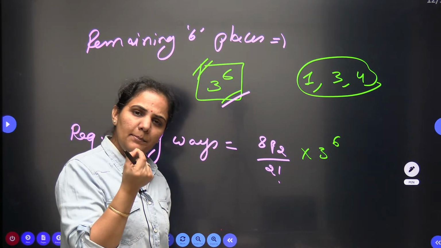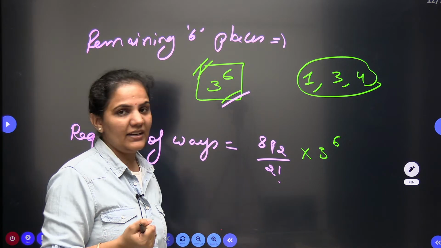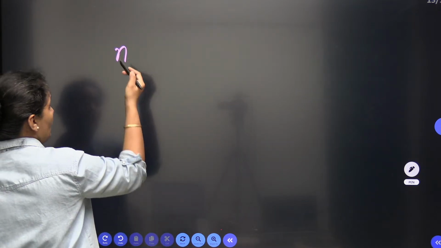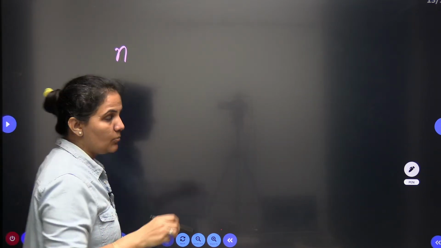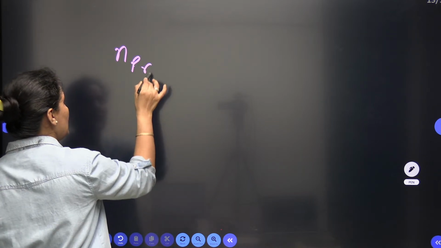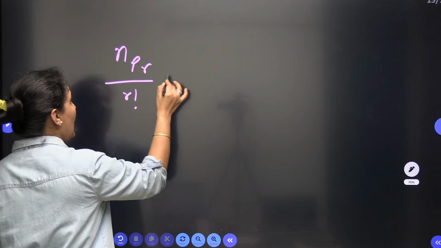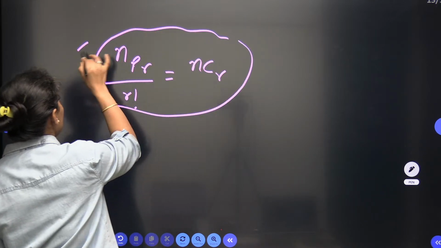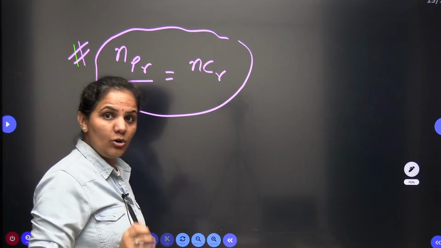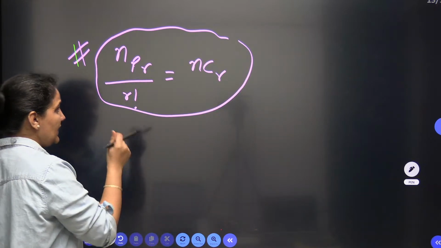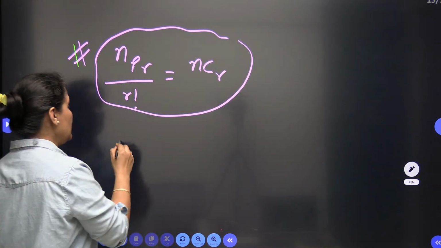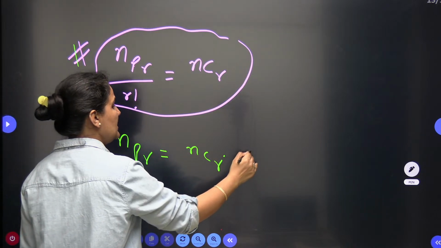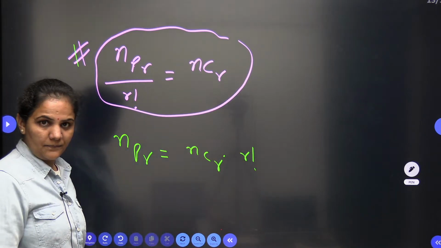If you know one basic concept here, you can directly solve. What is the relation between permutation and combination, bachon? NPR by R factorial is nothing but NCR. This is the relation between permutation and combination. Rather than using permutation, I can go with NCR multiplied by R factorial.